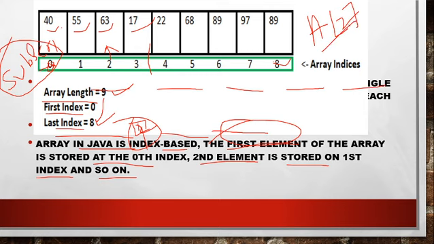Like if you are using A2 plus A1, it means simply we can use A1 55 plus A2 63. So the total sum. So directly we can access the element of an array through its index number or subscript number.